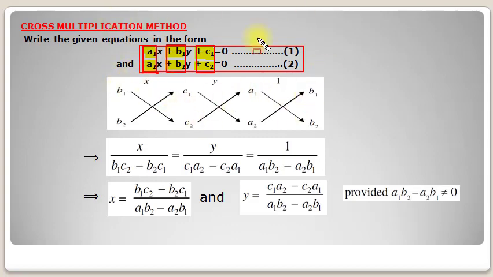After writing in this particular format, we will write that thing in formula form, which is x upon b1 c2 minus b2 c1, equals y upon c1 a2 minus c2 a1, equals 1 upon a1 b2 minus a2 b1.